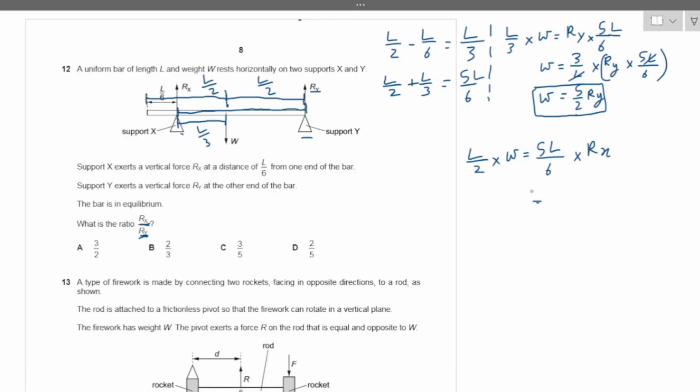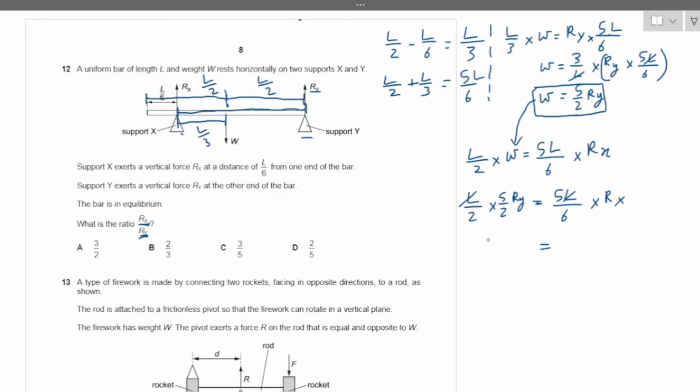Now we see W has been used over here, so we can substitute that value of W. That would be L/2 into 5/2 Ry equals 5L/6 into Rx. We're almost there. We just need to cancel out L, so L we can directly cancel out, and then simplify it.